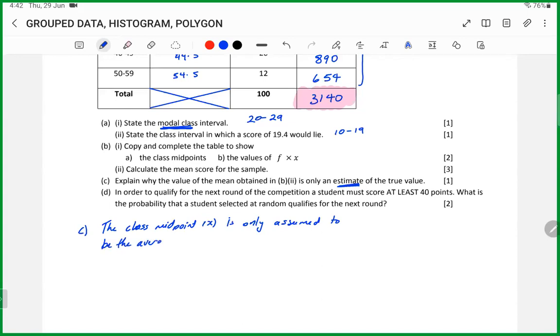It's not actually the average. It's only assumed to be the average value of each class. See? That's why.